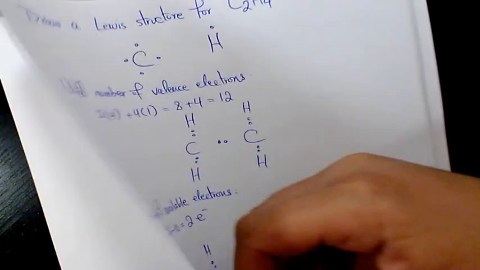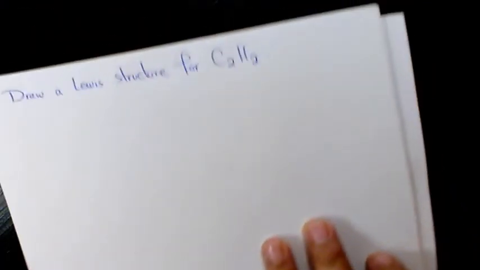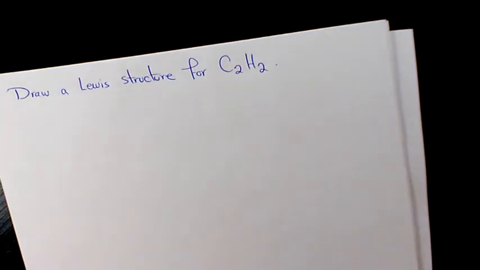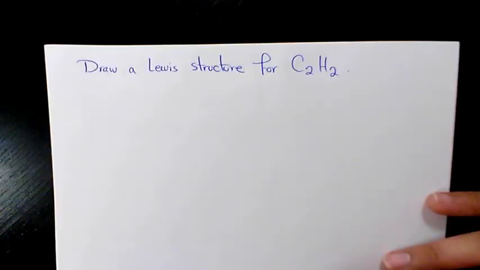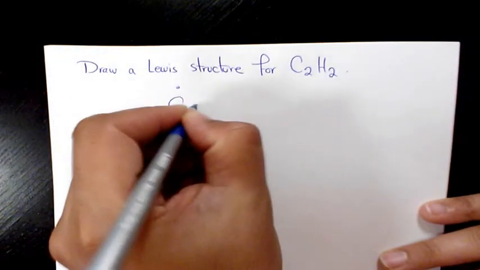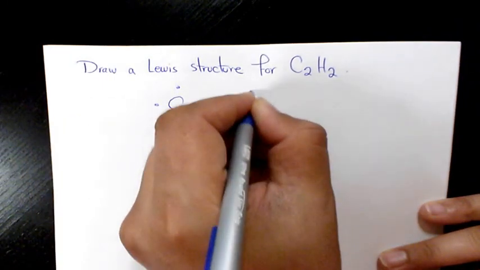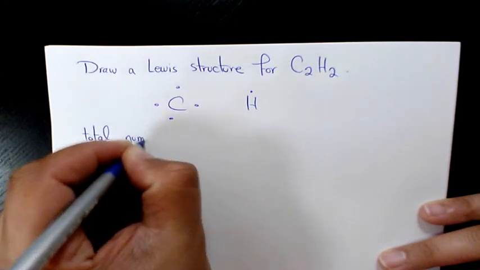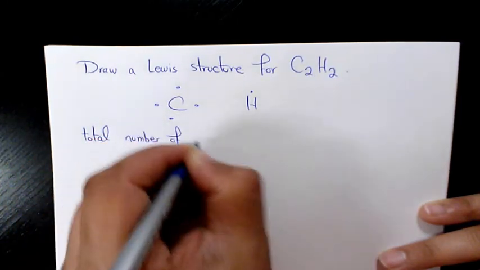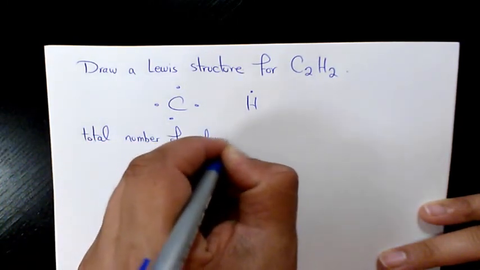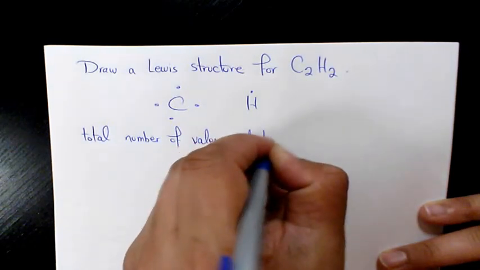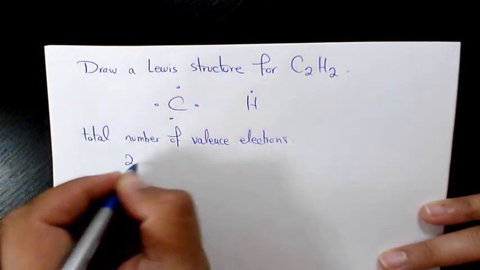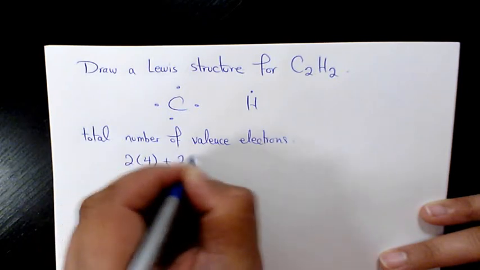Let's see another example. Here we have acetylene. So acetylene, we have again carbon and hydrogen. Total number of valence electrons is 2 times 4 plus 2 times 1.